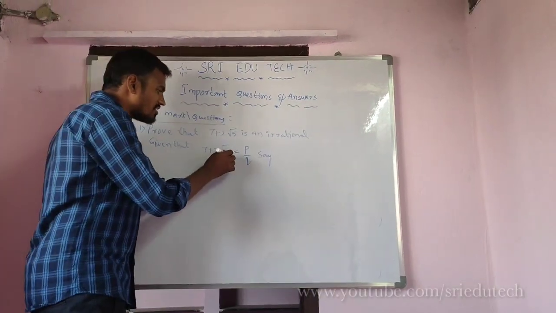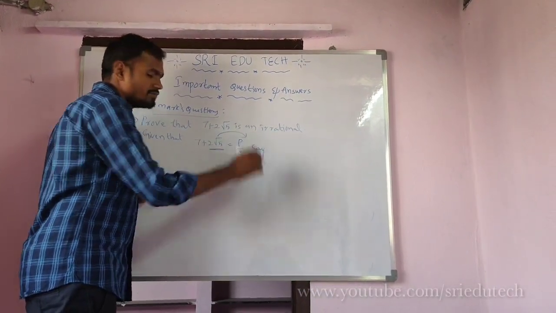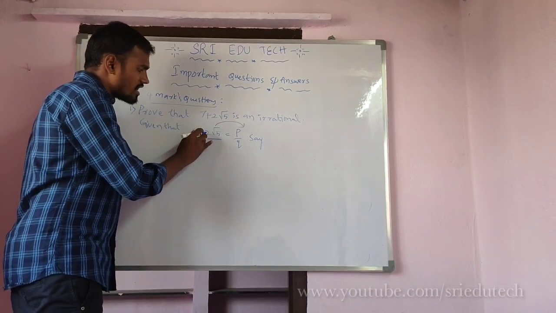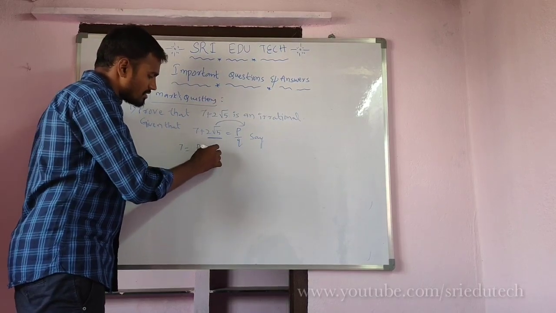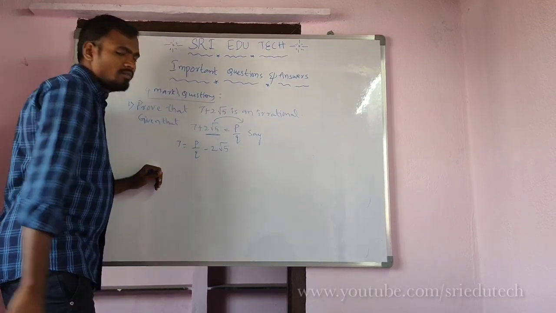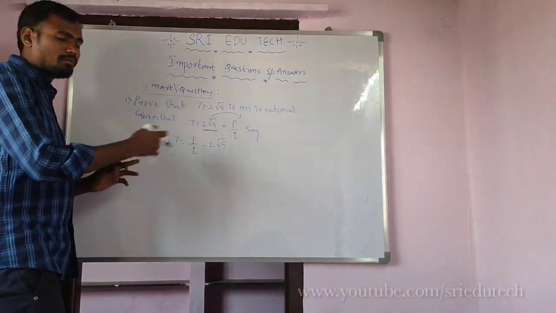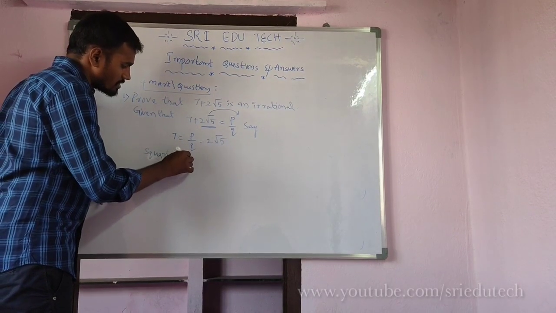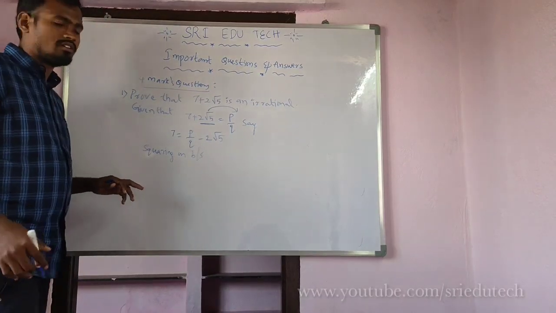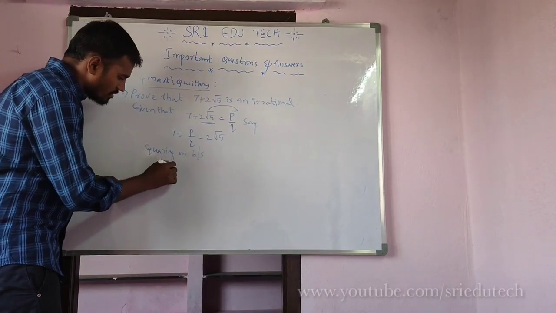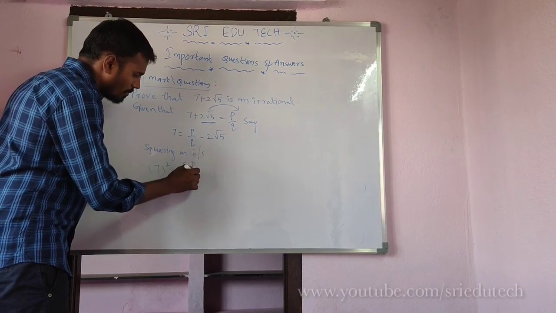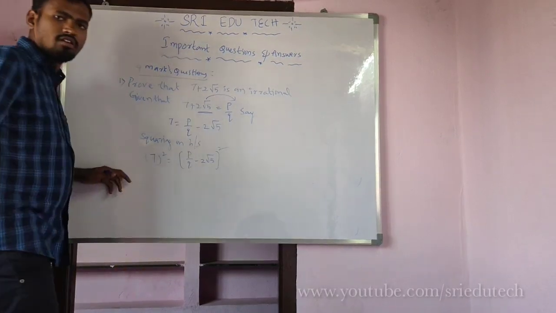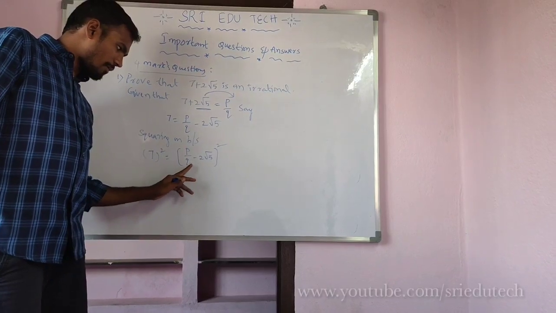Right? So now transfer this 2 root 5 to the RHS. See, 7 is equal to p by q minus 2 root 5, since plus transfers to minus. Okay, now squaring on both sides. 7 square is equal to p by q minus 2 root 5 whole square. Right? See here, a minus b whole square.